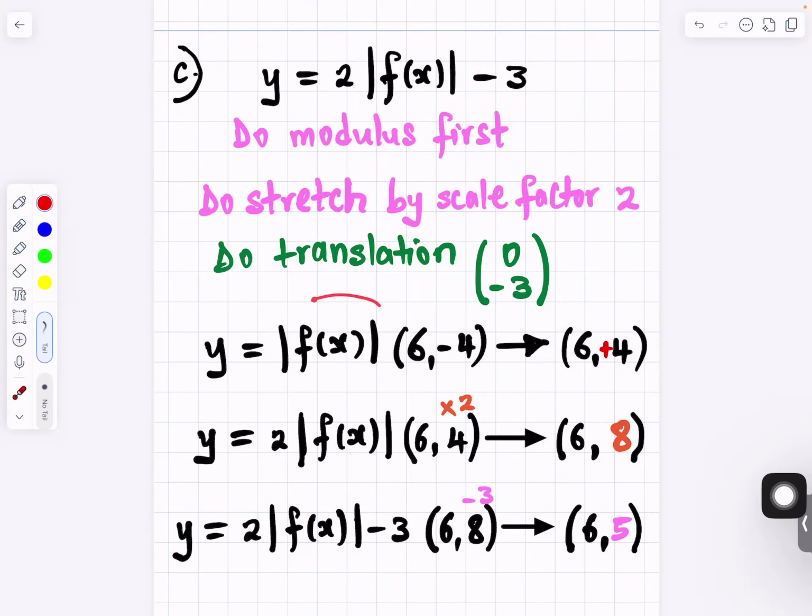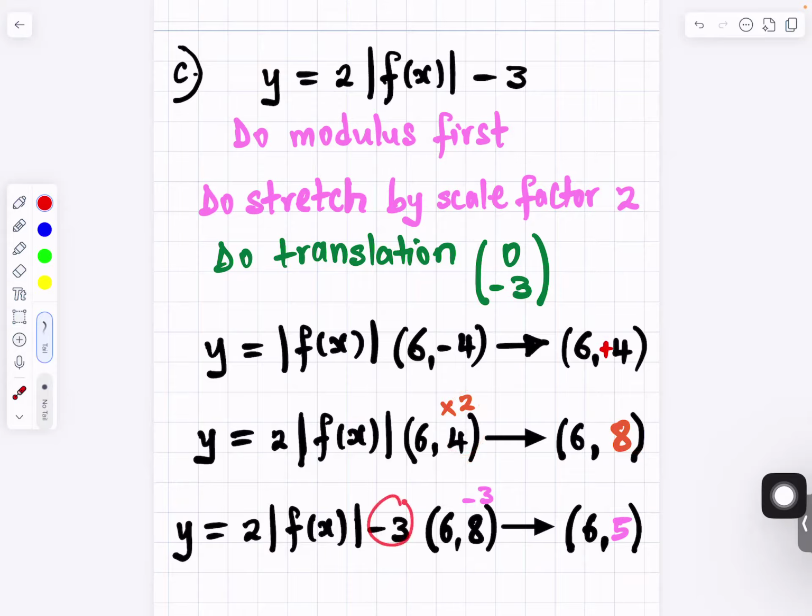So doing the modulus first, (6, -4), everything will become positive. So it would go to (6, 4). So we've done the modulus first. After, we do the stretch by scale factor 2. The scale factor 2 affects only the y value. So you times the 4 by 2, it becomes 8.